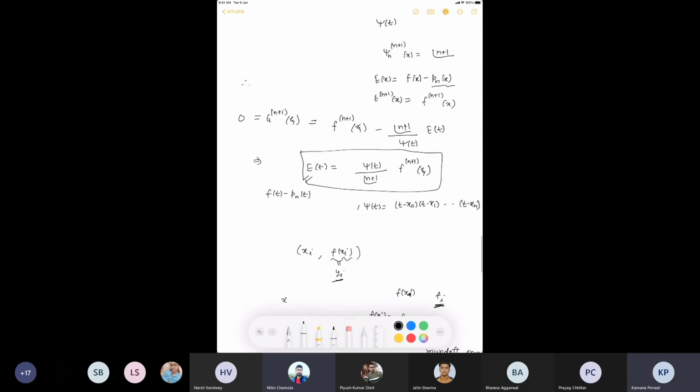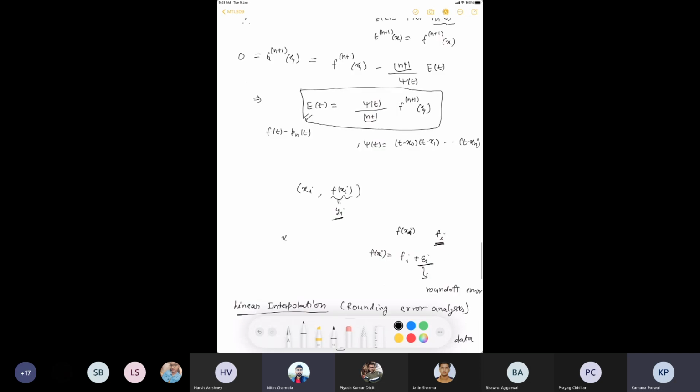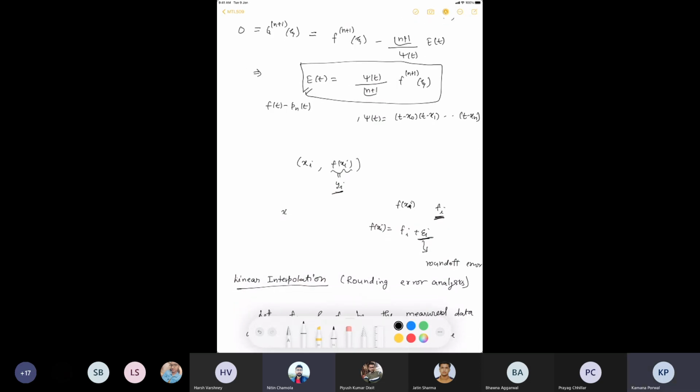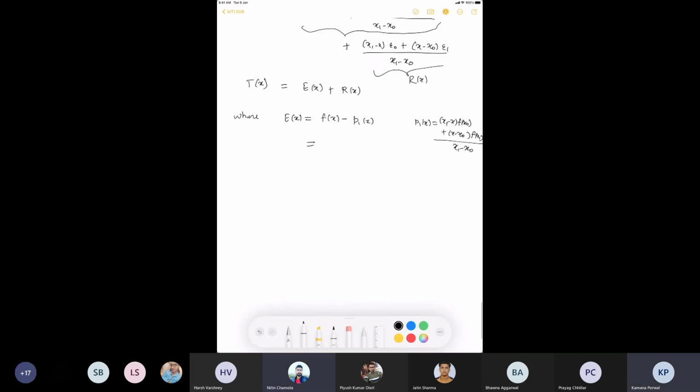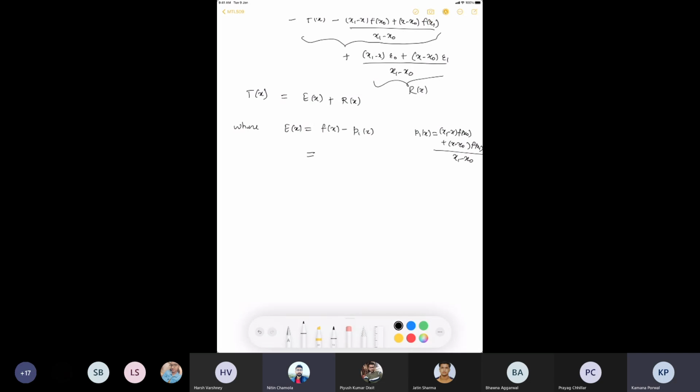So this is going to be psi(x) divided by factorial 2 times f double prime at some xi, with n equal to 1 here. So we have (x minus x naught) times (x minus x1) divided by factorial 2 times f double prime at some xi, where xi lies between the two points x0 and x1, so I can explicitly write the interval. I'm taking x1 bigger than x0.